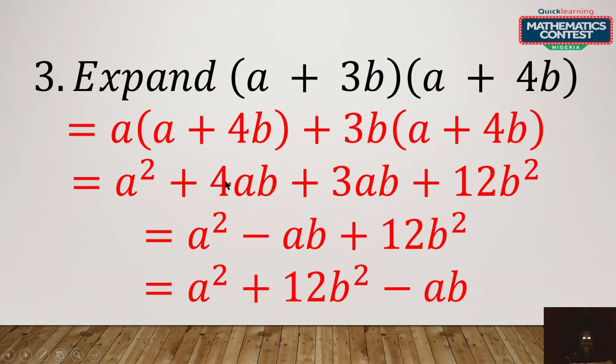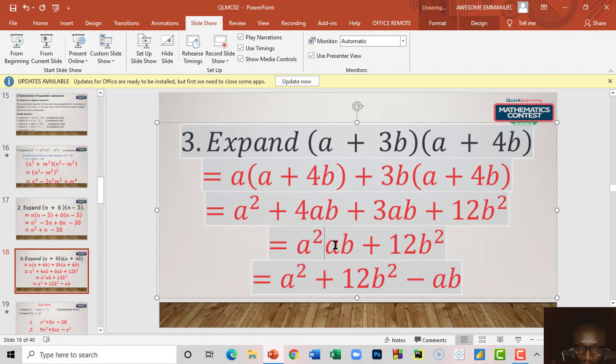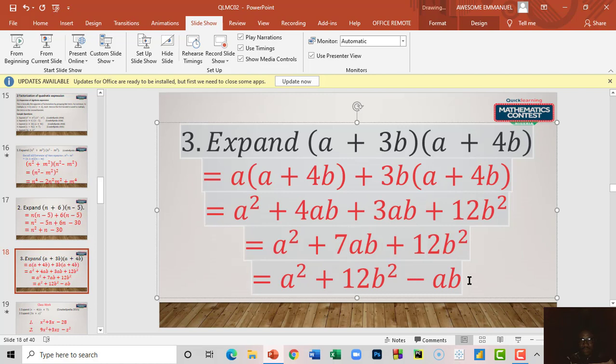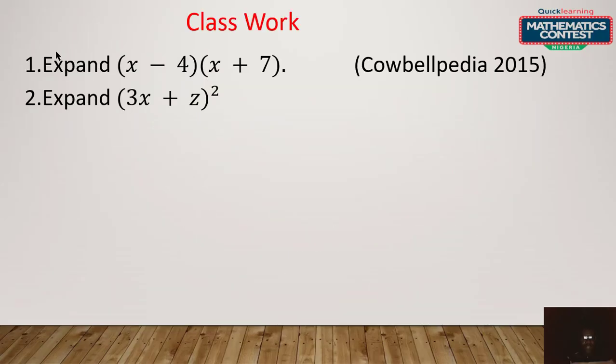So if I simplify this plus this, my answer should give me plus 7ab. Okay, plus 7ab. I think that should be the answer. So if we want to actually arrange them with all the squares, so to be plus 7ab.